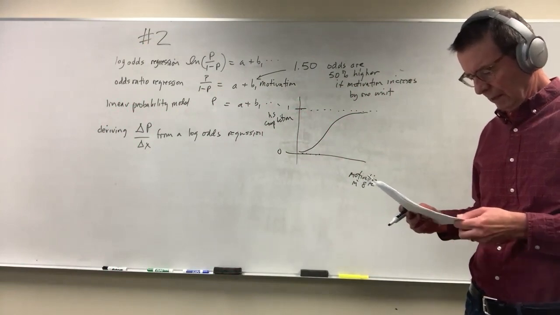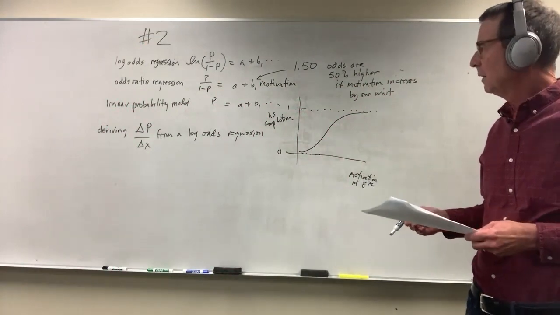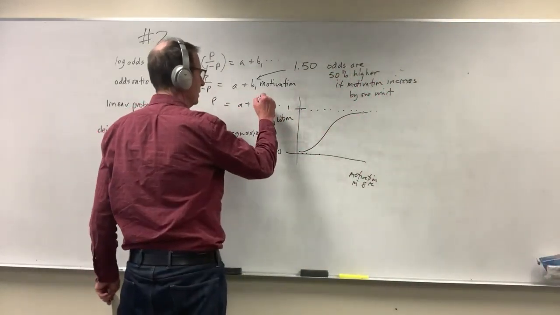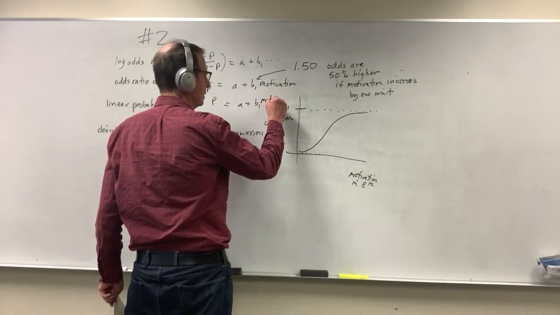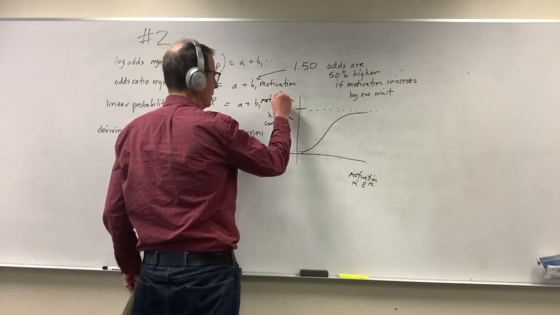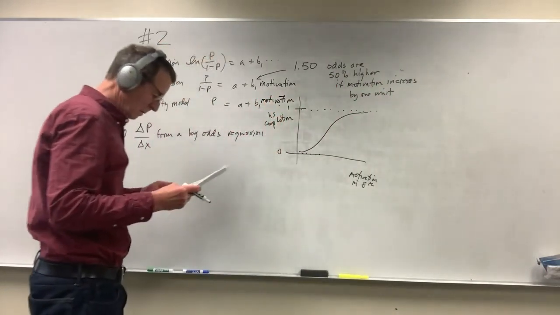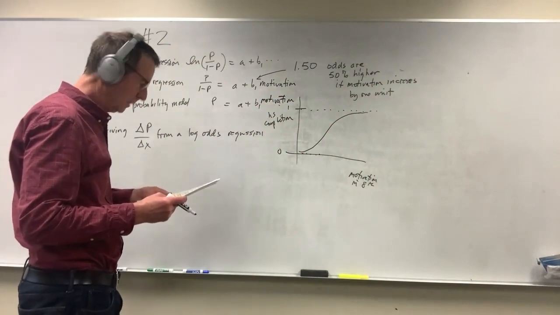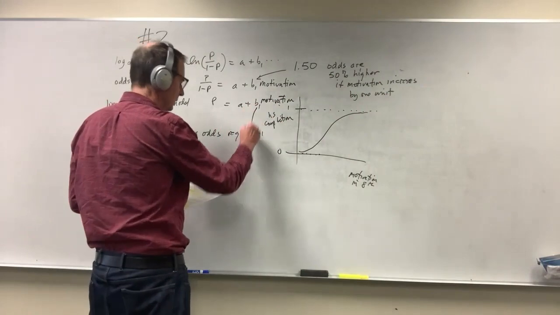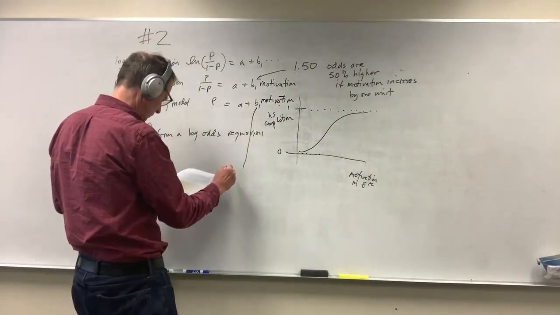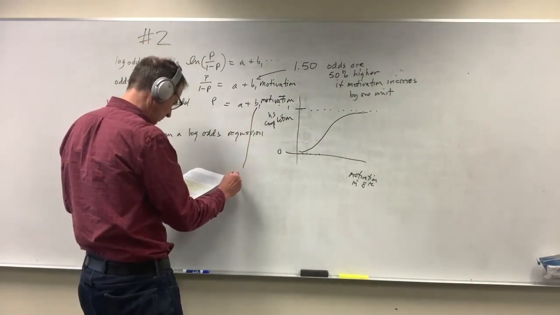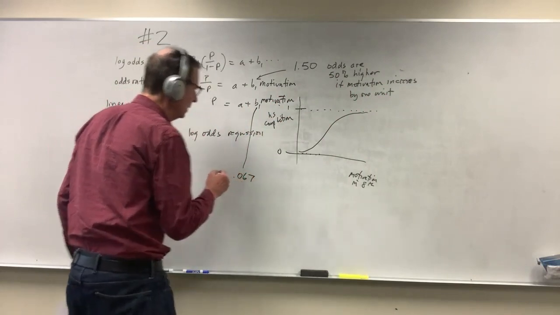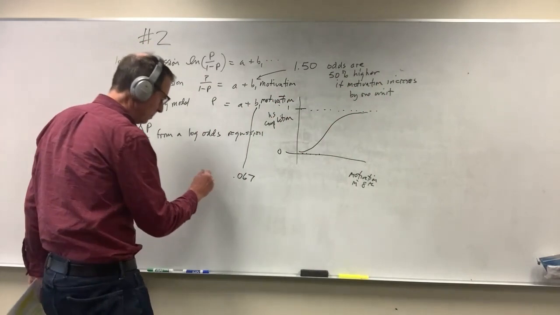Okay, and the final part C said, if you have a linear probability model and a coefficient of 0.067, most of you got this.